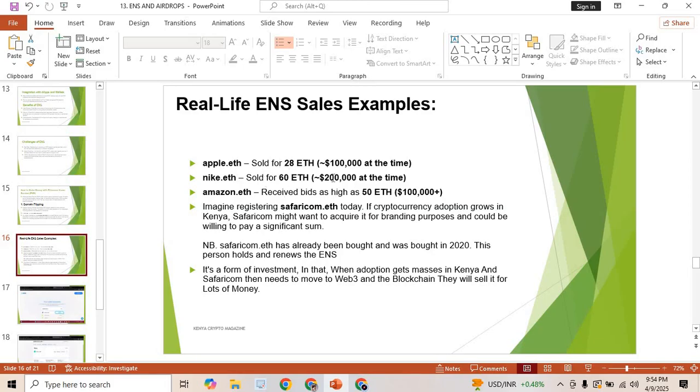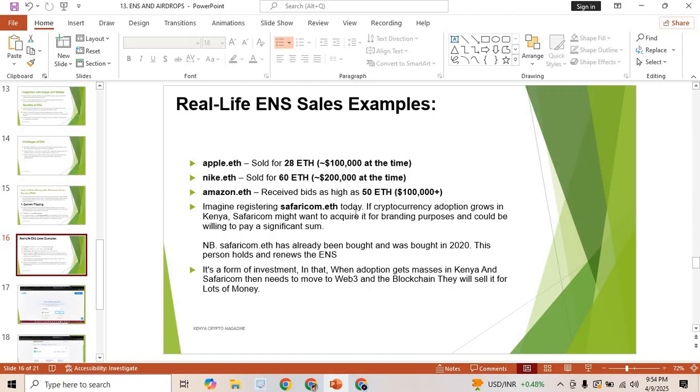At that time, it was around 20 million Kenya shillings, if we are assuming that $1 equals 100 Kenya shillings. Amazon.eth received bids as high as 50 Ethereum, which is $100,000 plus.